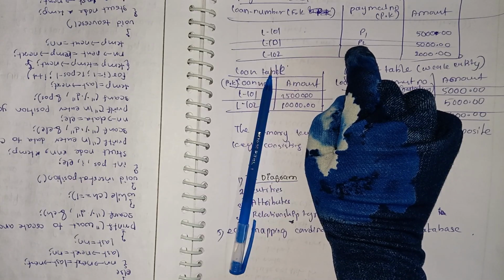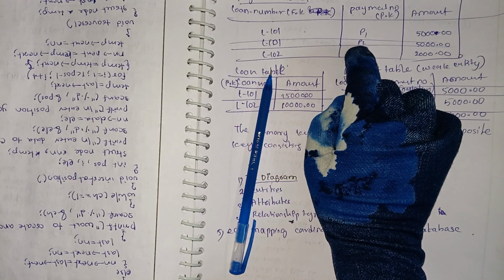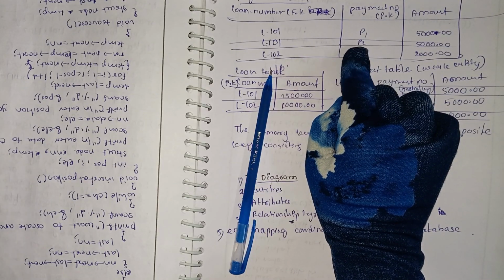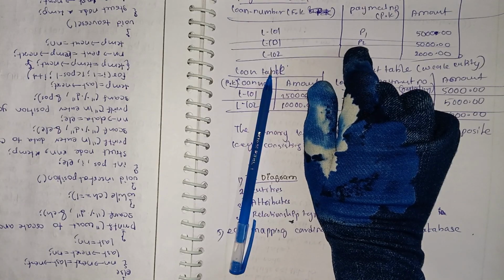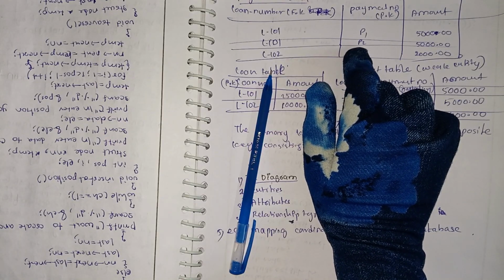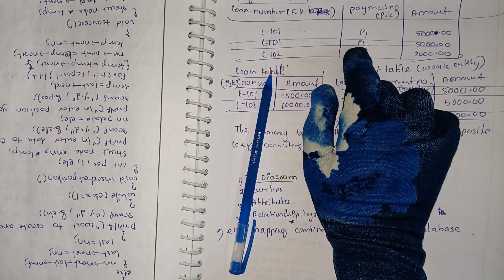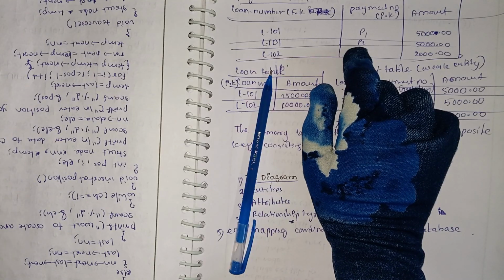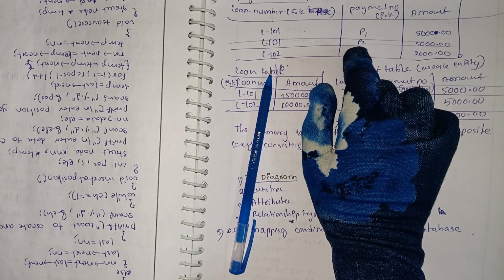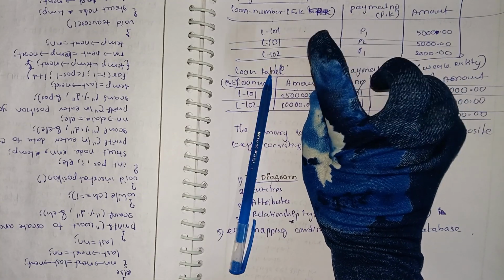It is a unique number for each regular installment. It has a different number. Payment number means the sequence of installments. So for every installment it is different.